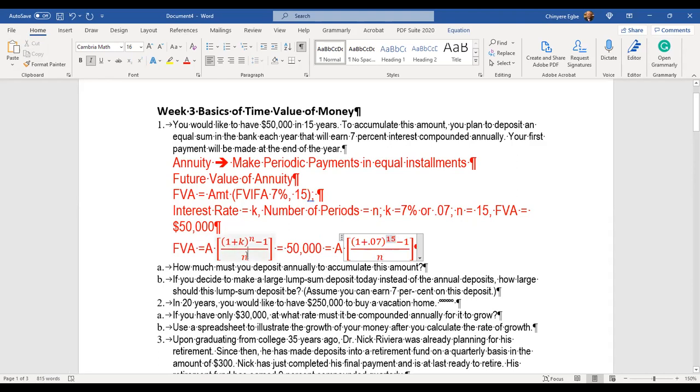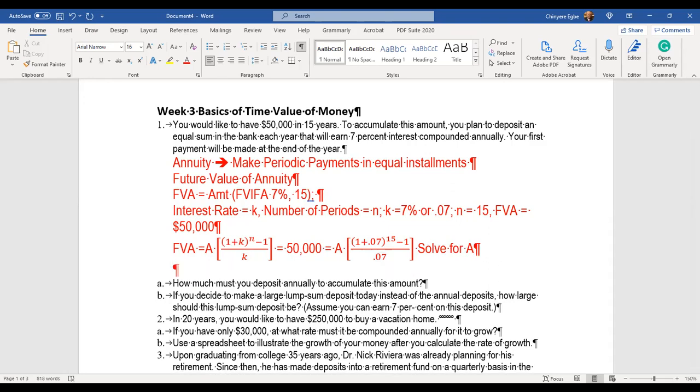Actually, this is wrong here. It should be divided by K. Should be 0.07. And so now you can solve for A. So first of all, we have to find out what is the future value interest factor.